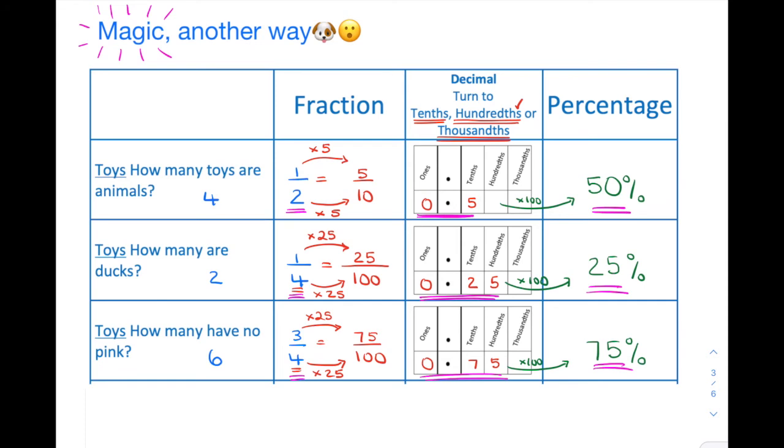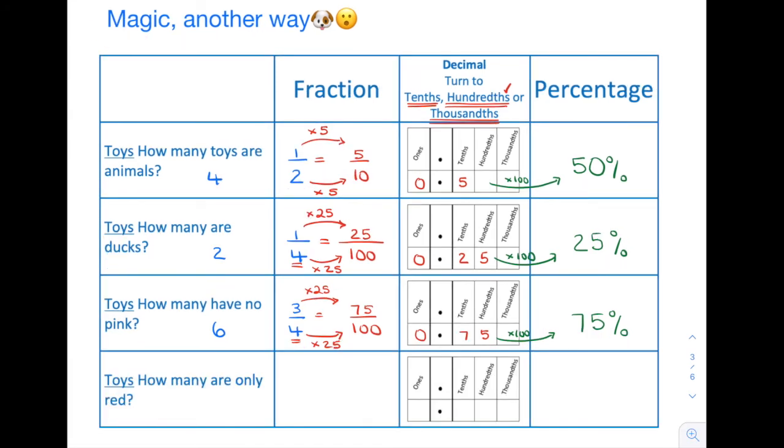So back to the magic, we've got one more tricky fraction to do. How many of Bertie's toys were only red? Just one being the red dumbbell, so that's one toy out of 8.